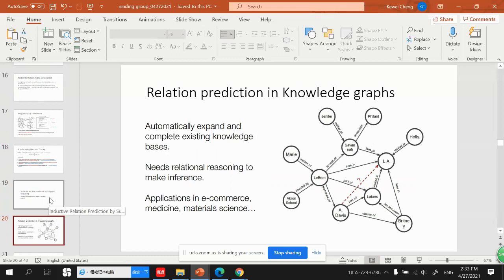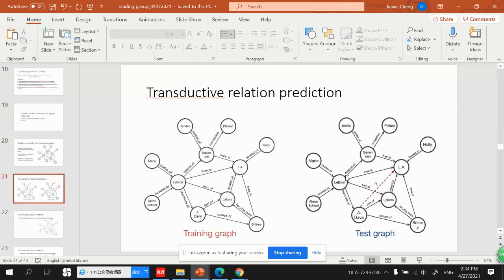So the basic idea of this paper is that it's trying to do relation prediction in knowledge graphs. Basically, link prediction in a knowledge graph is trying to complete the existing knowledge graph and infer the missing links in this knowledge graph. And it has many applications in e-commerce or material science.